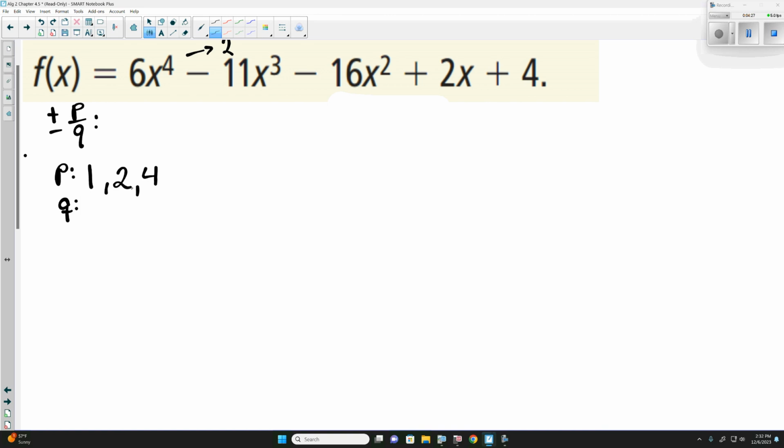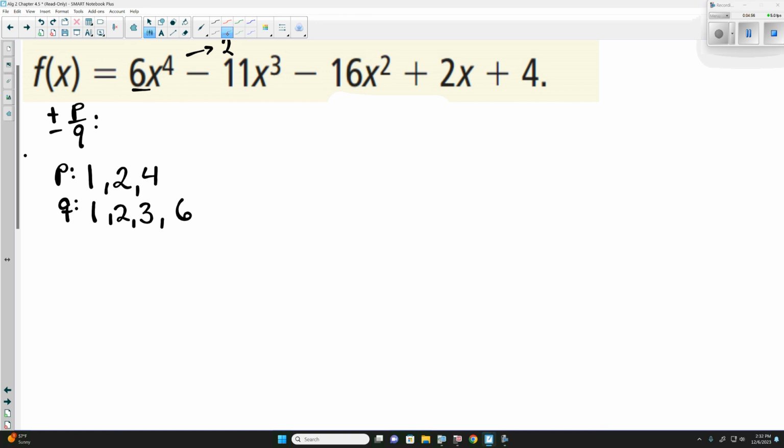So having 2 twice for the factors of p is not going to give us anything more than 1 would. So we only list it once. Factors of q are the factors of the number in front of the variable with the biggest exponent, which is 6. So we have 1 and 6 and 2 and 3. Questions on how we found this here?